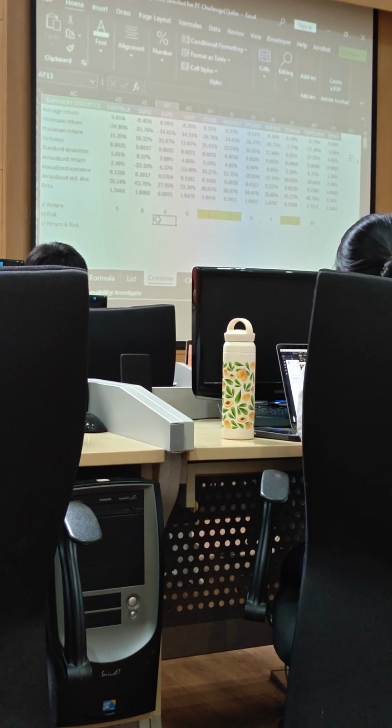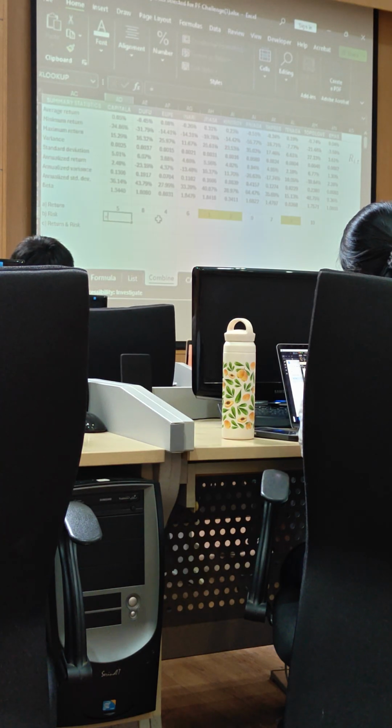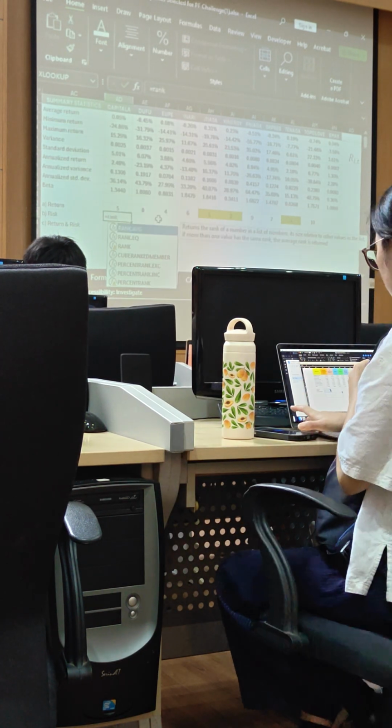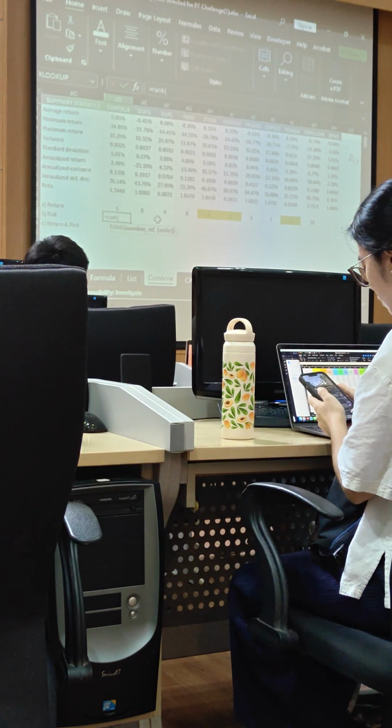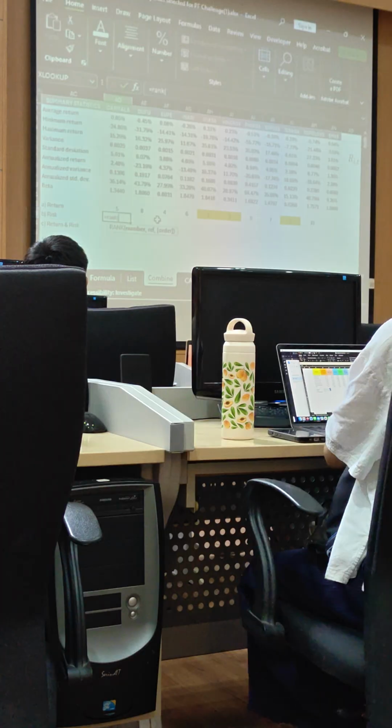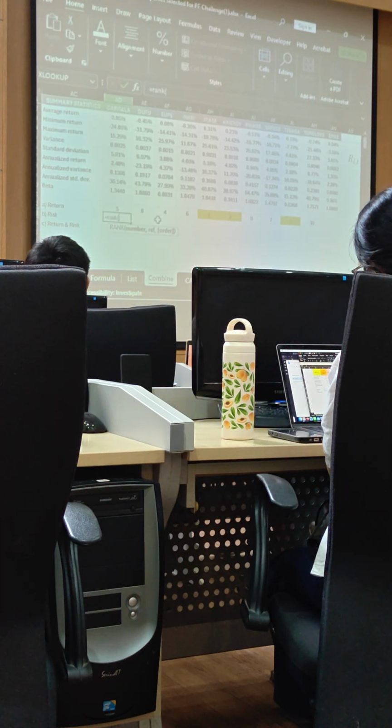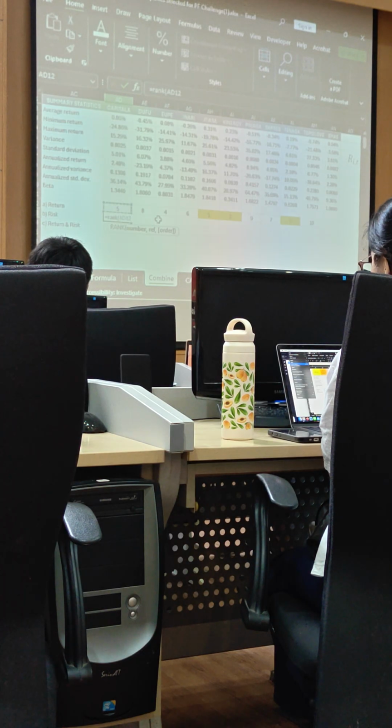Now the second one, risk. Risk is just the same thing. I need to do the rank. If you have your Excel, you can try it on your own. For risk, we're going to look at the annualized standard deviation. Same thing.